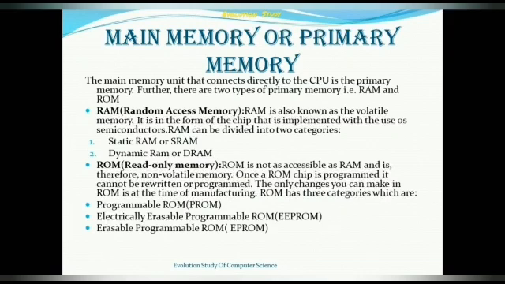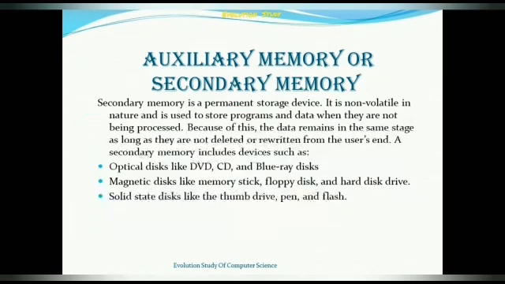Now, what is auxiliary memory or secondary memory? Secondary memory is a permanent storage device. It is non-volatile in nature and it is used to store programs and data when they are not being processed. Because of this, the data remains in the same state as long as they are not deleted or rewritten from the user's end.